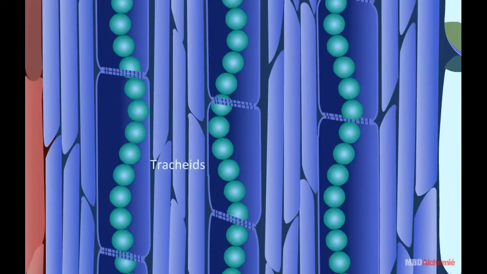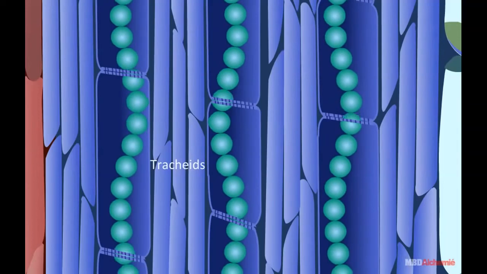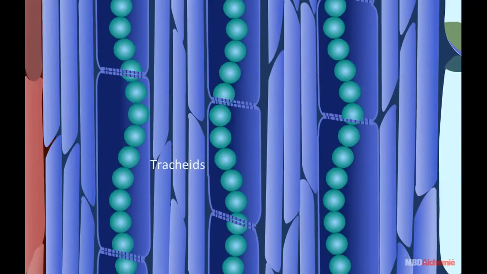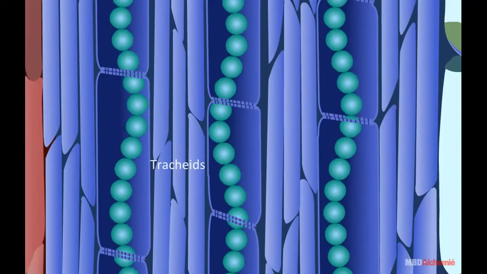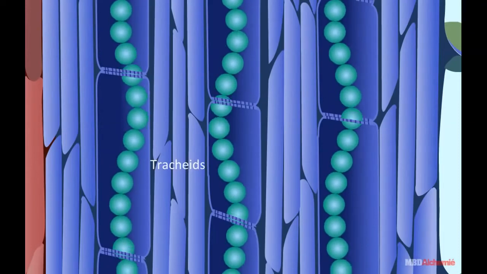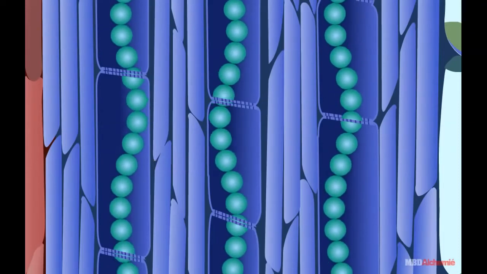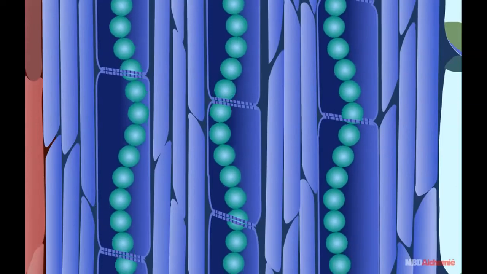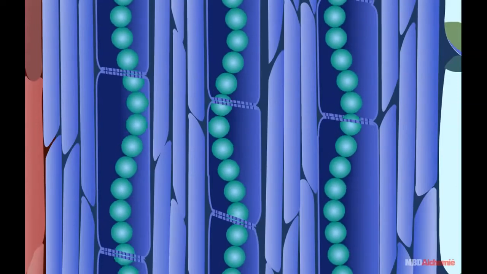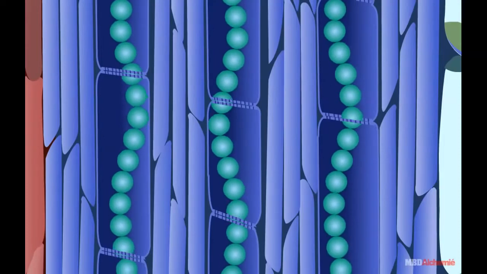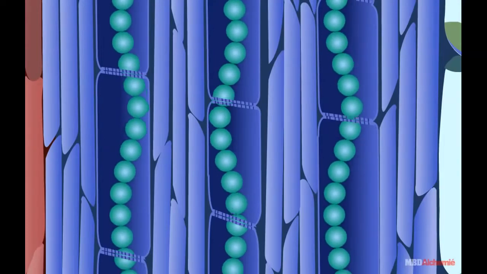Tracheids are dead cells that taper as their ends overlap. The walls constituting the tracheids are hard, thick, and lignified. Xylem parenchyma are living cells and serve the function of storage of food. It also helps in lateral conduction of water and minerals.